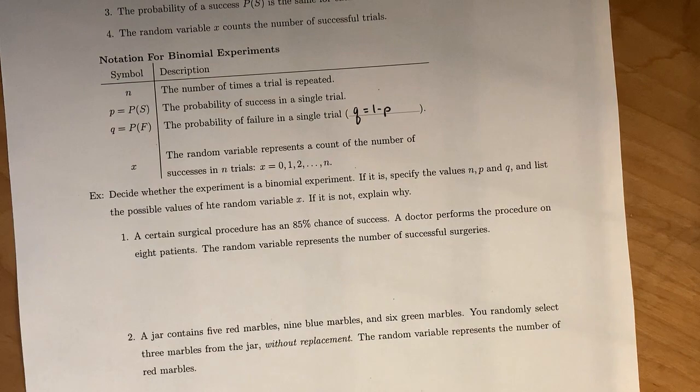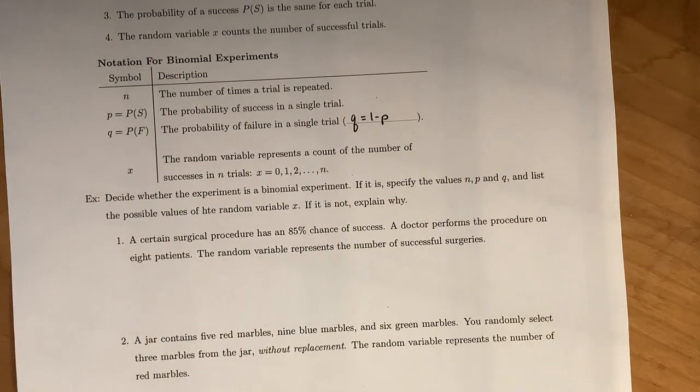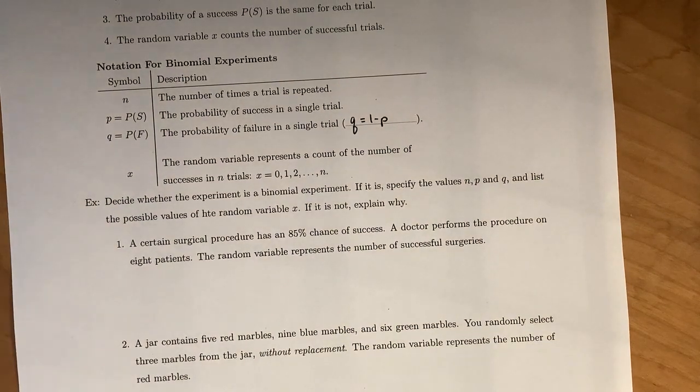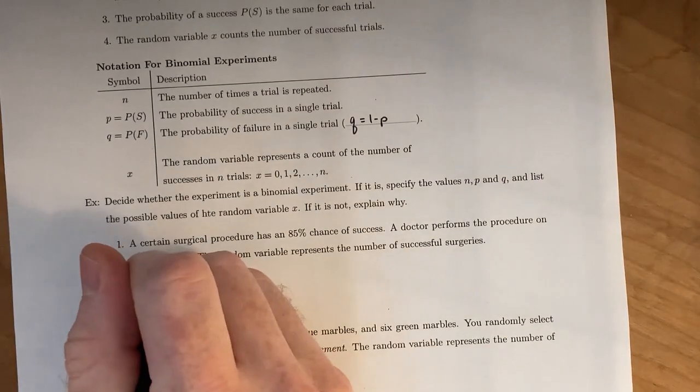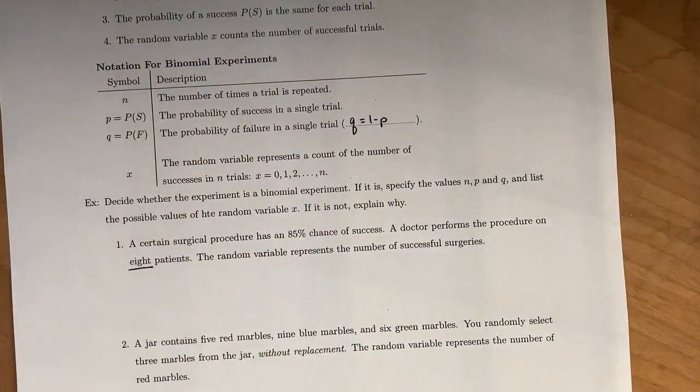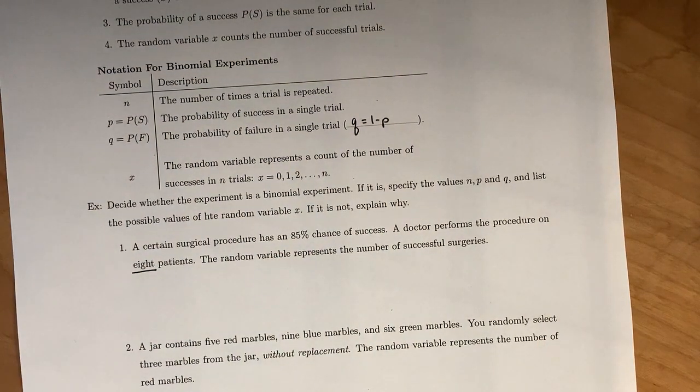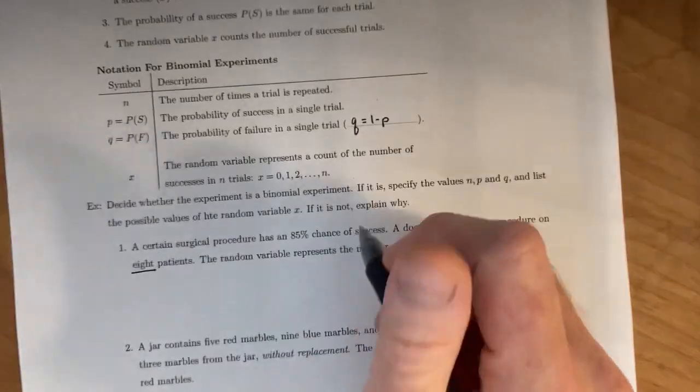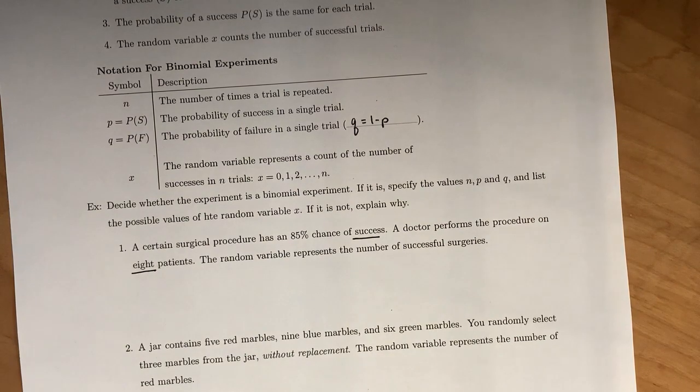We go through our checklist. First thing, there's a finite number of trials. It's fixed. There's only 8. Second, there's only 2 possible outcomes. Either it's a successful surgery or it's not. So that takes care of the second condition. The probability of a success is the same for each trial, right?